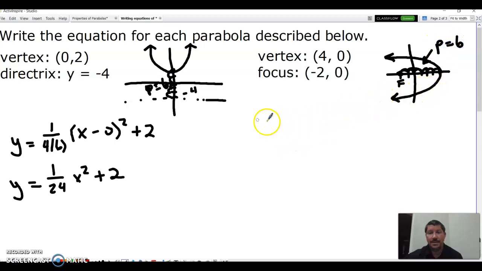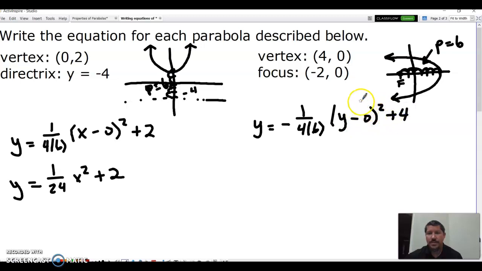Now I'm opening left, so it's x equals negative 1 over 4 times 6 times y minus 0 squared plus 4. Remember, this is k and this is h in this instance. And this is h and this is k. Okay, so it's x equals negative 1 over 24 y squared plus 4.